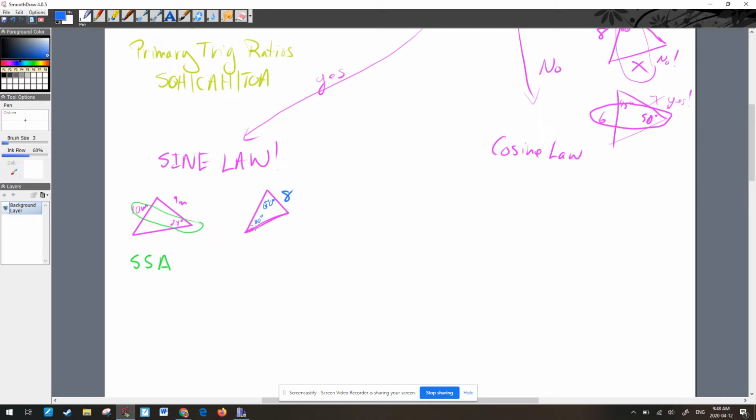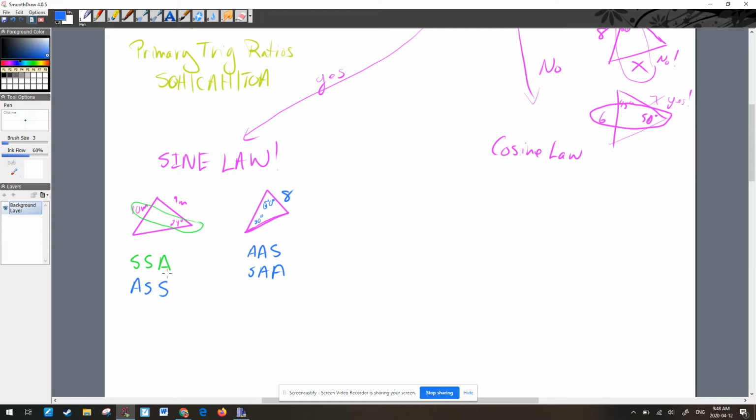If we list them in order of what we know, we know an angle, then another angle, and then we know a side. So this one would be an angle-angle-side triangle. Or if we went the other direction, if we do this side down here, it would be a side-angle. Same as this one. This is angle-side. Okay.